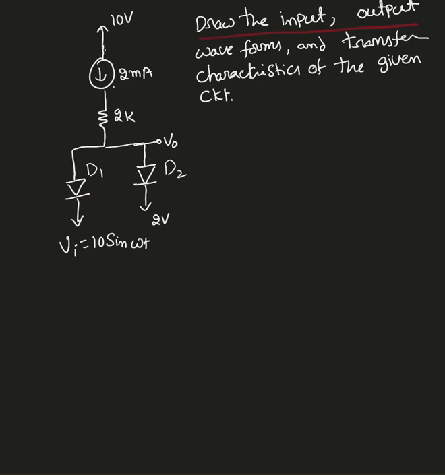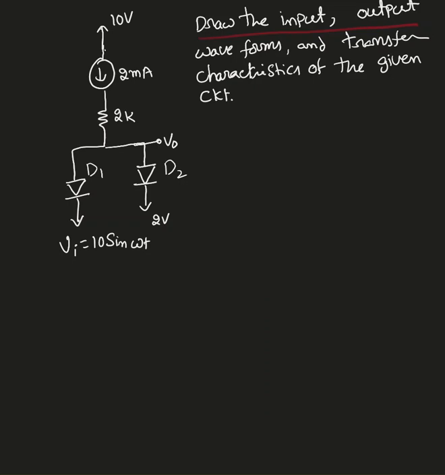There is a 2 milliampere current passing through the 2 kilo ohms there, so V0 could be anywhere between 10 volts and 0. So there is a possibility that at least one diode is closed.